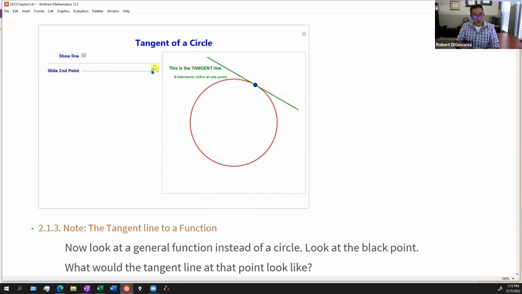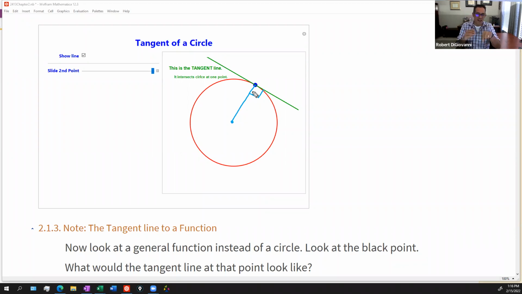On a circle, the tangent line is pretty easy to define, because if you take the center of the circle and draw a line out to that point, the tangent line should hit at a 90-degree angle. That's the definition of a tangent line on a circle. Well, I don't want you to think about it that way.